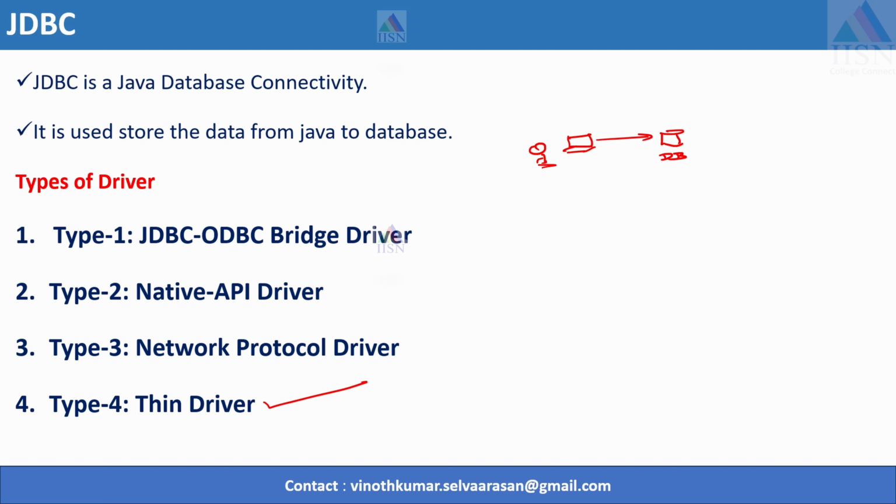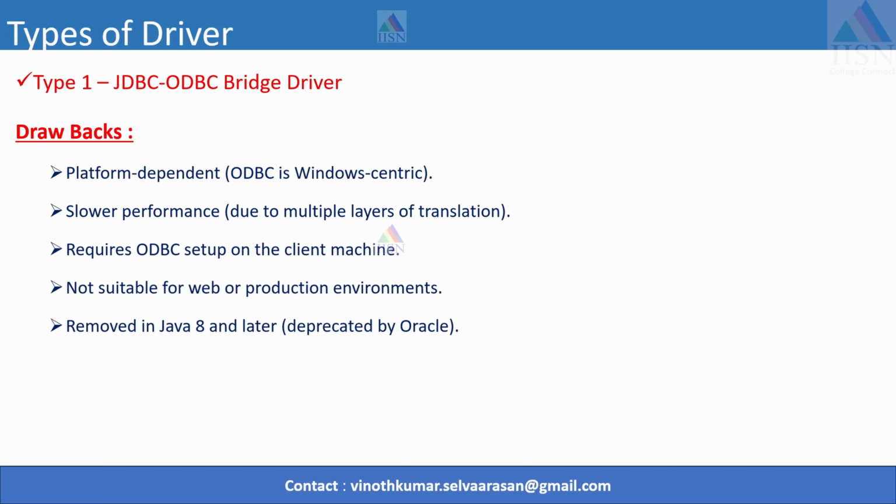In the JDBC-ODBC driver, the main drawbacks are that it is platform dependent and has slower performance because it contains multiple layers, and it requires ODBC setup on the client machine. It is not suitable for web and production environments, and it was removed in Java 8 and later versions.